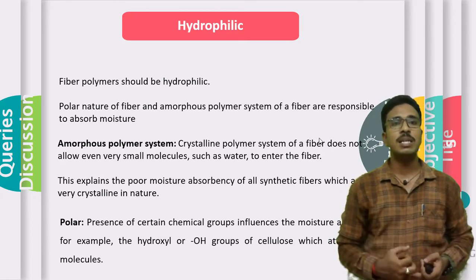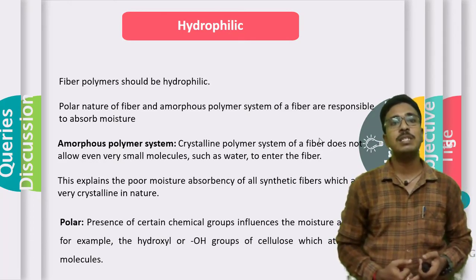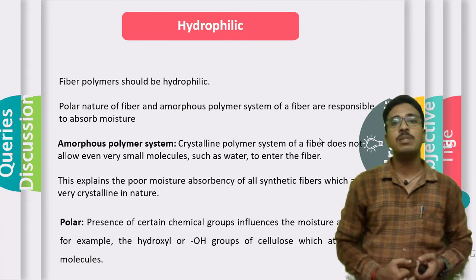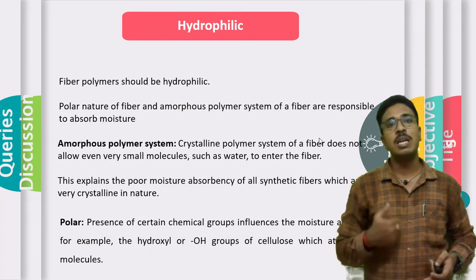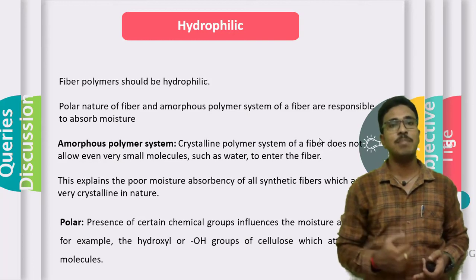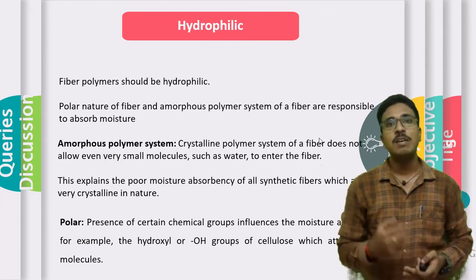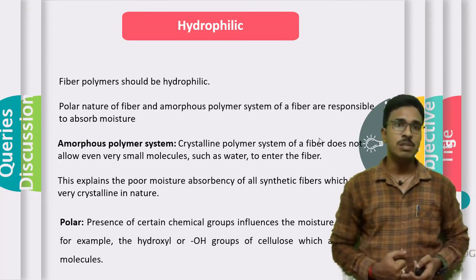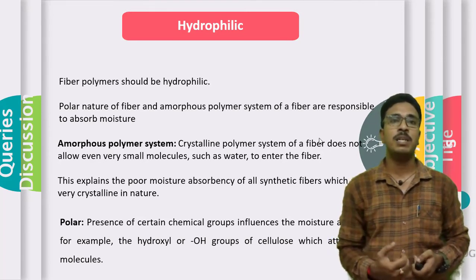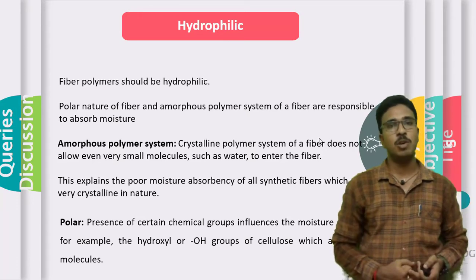As I told you already, polar groups, which are the chemical groups, influence the moisture absorbency of a polymer. For example, we have the hydroxyl groups or OH groups of cellulose, which attract water molecules easily, which makes the polymer highly absorbent towards moisture.